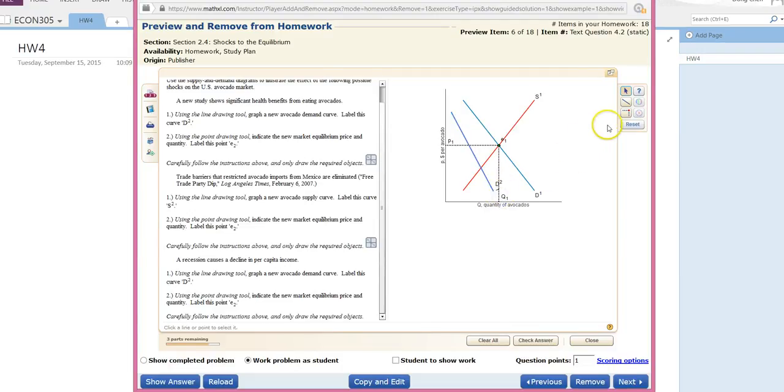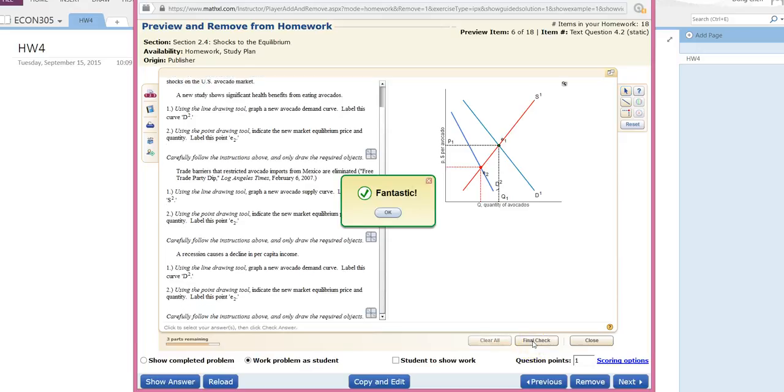And the new equilibrium is right here. The speed is a little bit slow; I believe this is because I turned on my recording device, which slowed things down a little. So that's my E2, the new equilibrium. Then let me check my answer again. As expected, with the negative demand shock, the price decreases and the quantity also decreases.